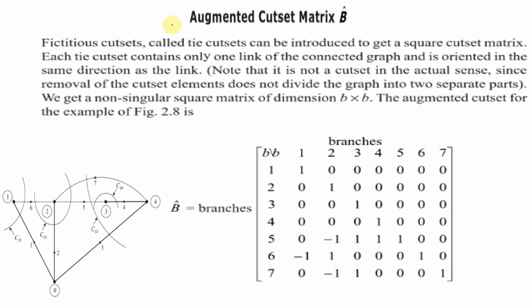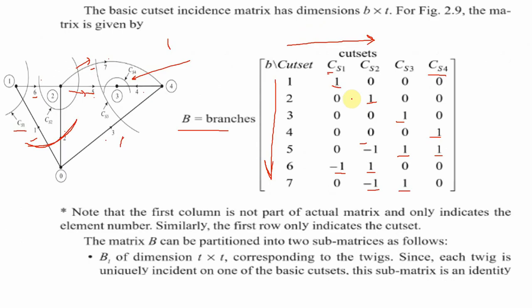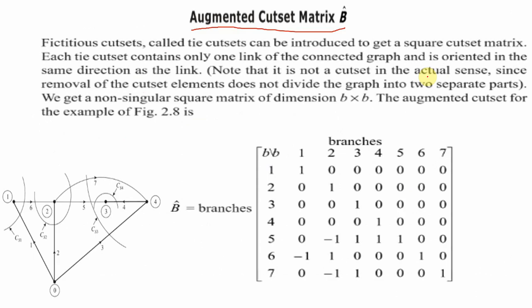Okay, now next is the augmented cut set incidence matrix. Augmented means, as in the previous one, we found that the total cut sets are 4. In the augmented cut set incidence matrix, we have to form the matrix of branches versus branches, right?